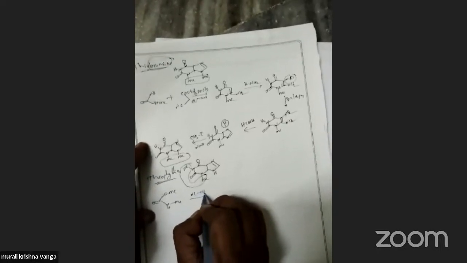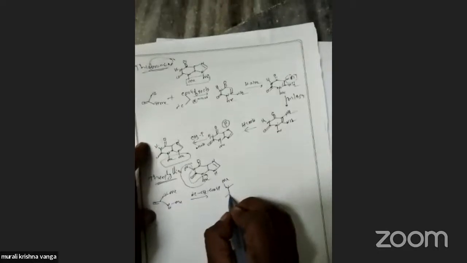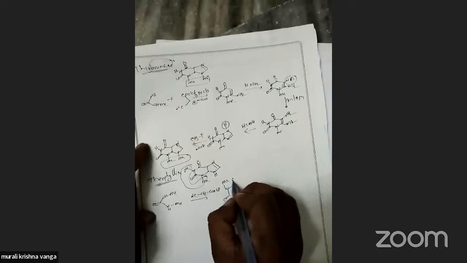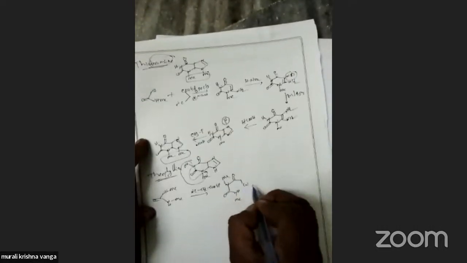N,N-dimethyl urea, when this N,N-dimethyl urea reacts with the same cyanoacetic ester, the product is N-methyl, C double bond O, N-methyl, H, C double bond O, CN.